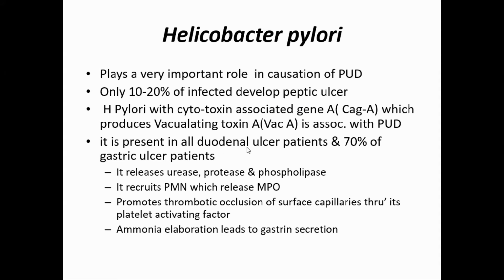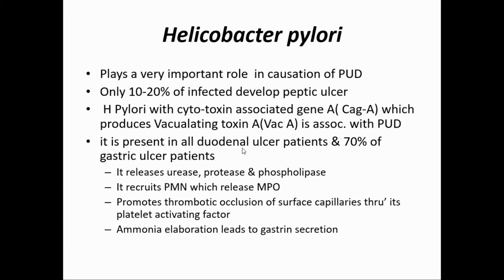H. pylori is present in all duodenal ulcer patients and 70% of gastric ulcer patients. So this is a very important cause of duodenal ulcer as well as gastric ulcer.